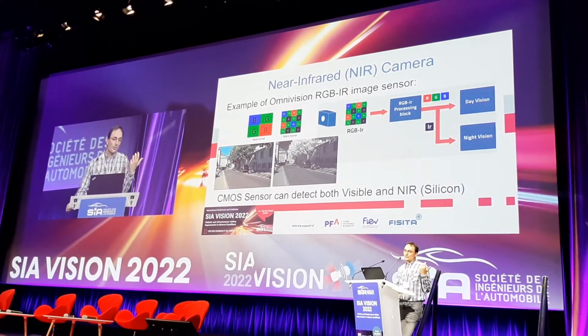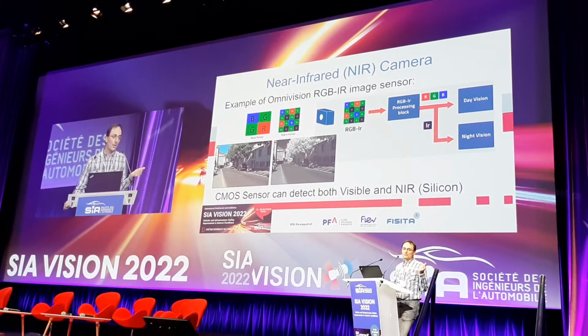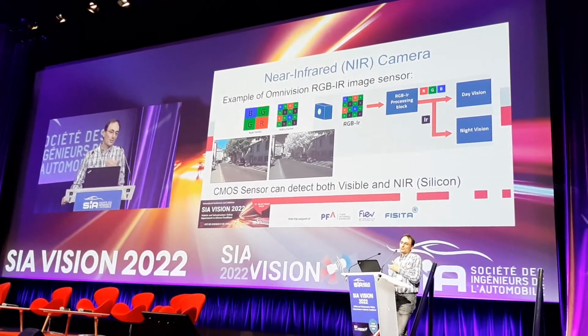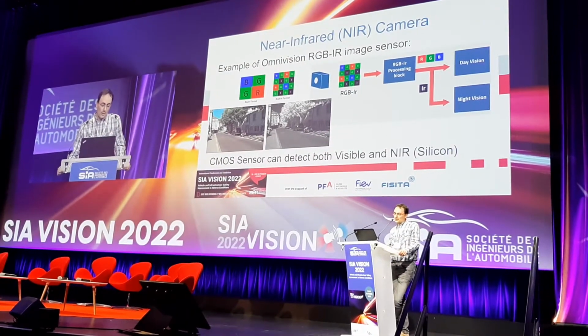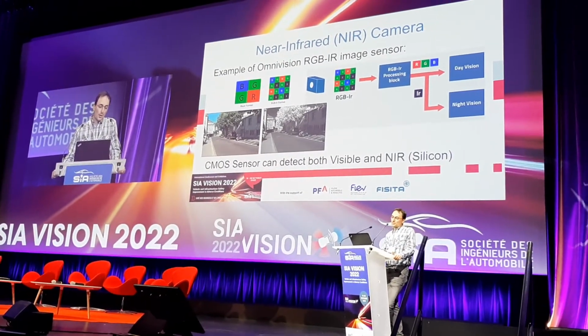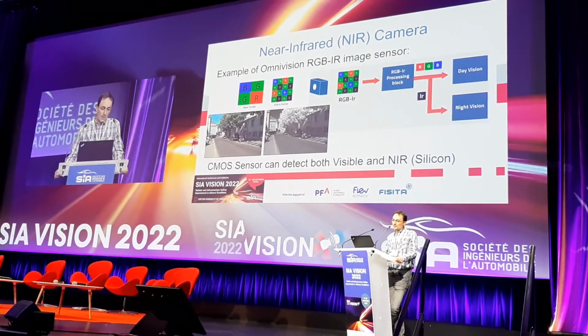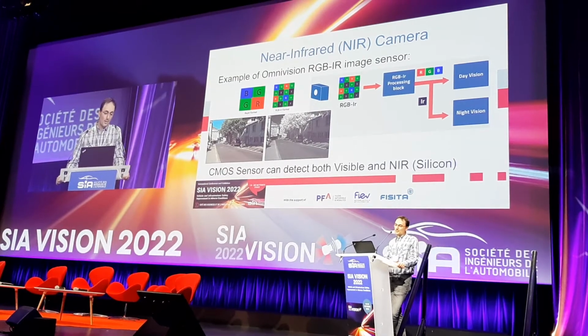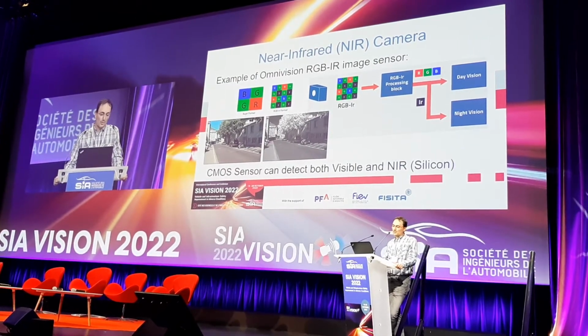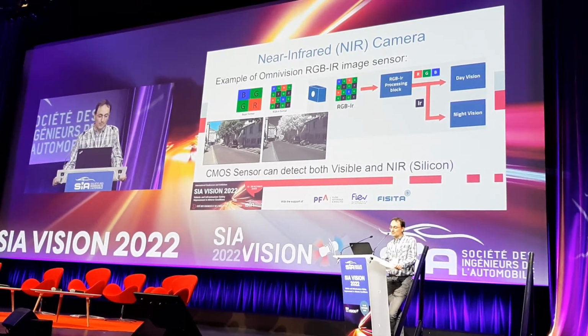Instead of filtering the infrared, we can remove the RGB, for example, and then we get a near-infrared camera.